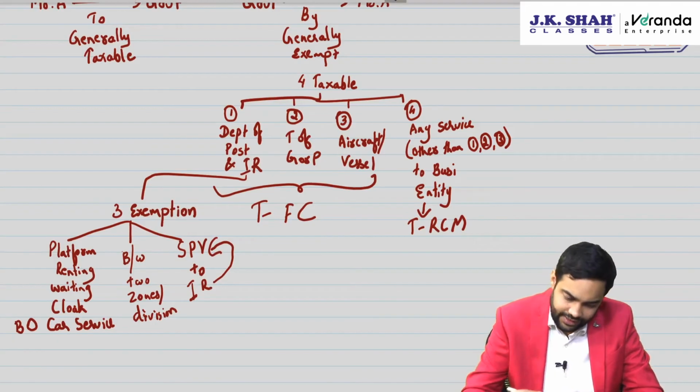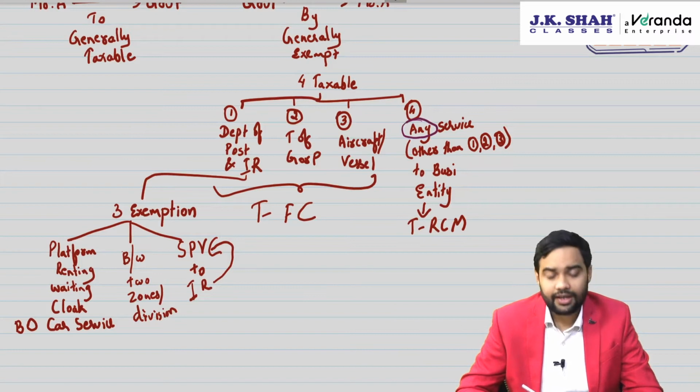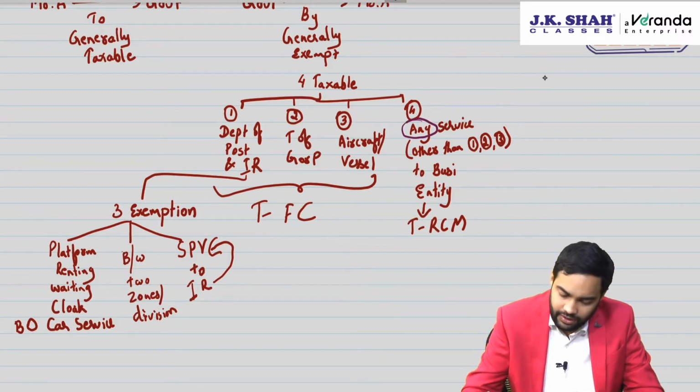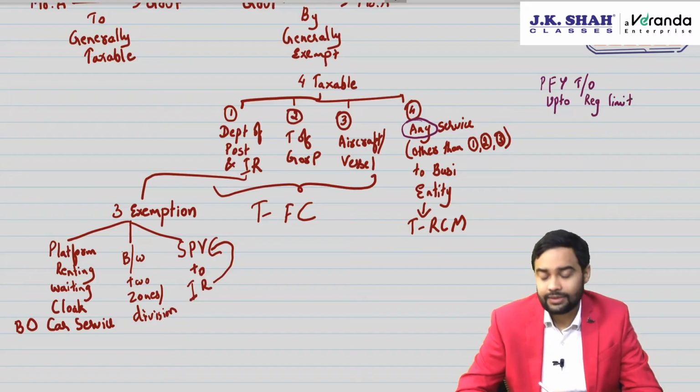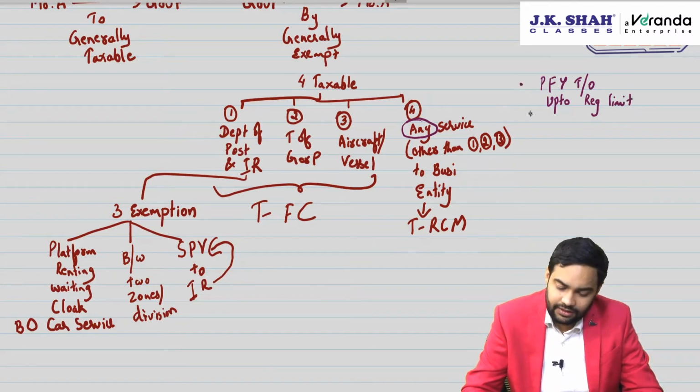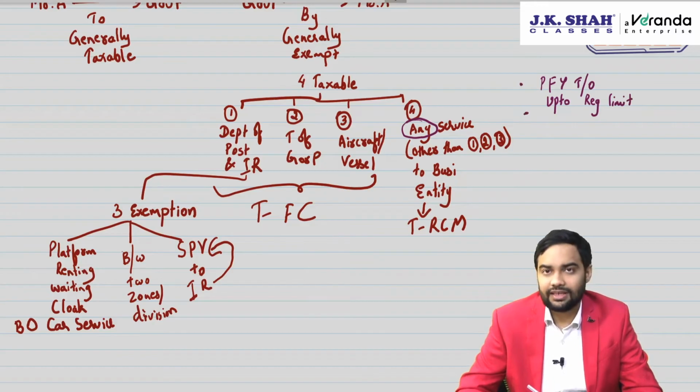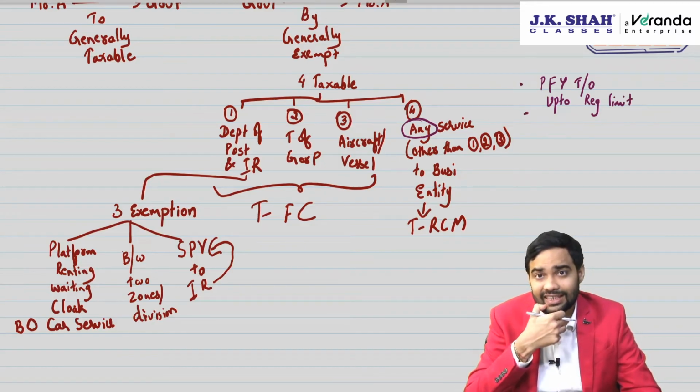Now this word any was very wide. Now as this word any was very wide, government came up with various other exemptions, like if preceding financial year turnover is up to registration limit, then it will enjoy an exemption. That means question might say that the person has started business. If a person has started business, what is last year turnover? 0.